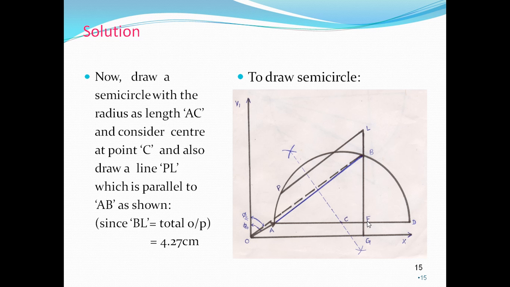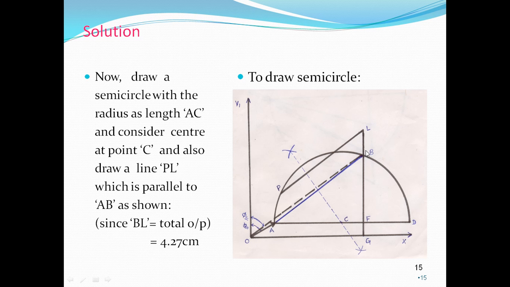So take the midpoint of BF, that is E, and join AE, which gives the torque line, and AB represents the output line. Now you calculate the short circuit current and power scale and add the output power as we calculated.